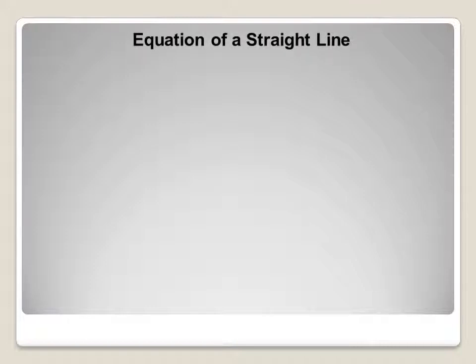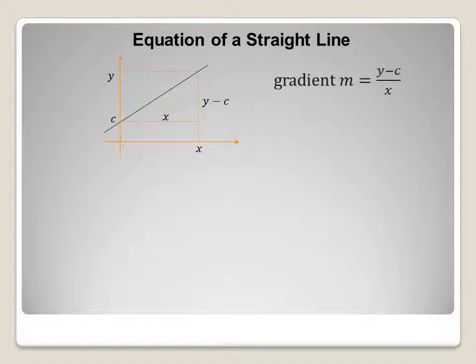Equation of a straight line. Given a straight line that cuts the y-axis at a point C, if we consider another point on the line with coordinates x and y, the gradient m of the line is given by (y minus c) divided by x. Multiplying both sides by x, we have mx equals y minus c.